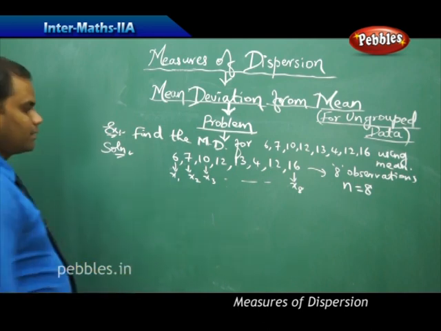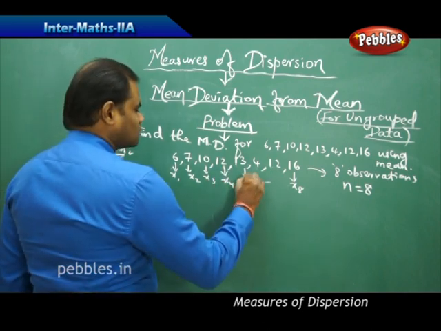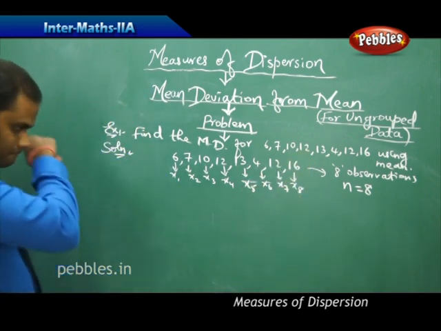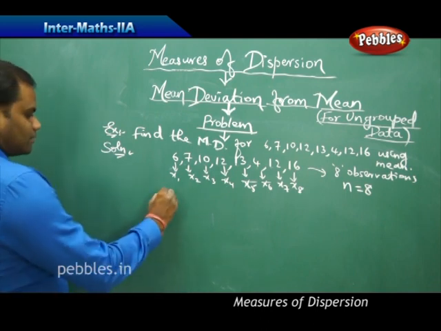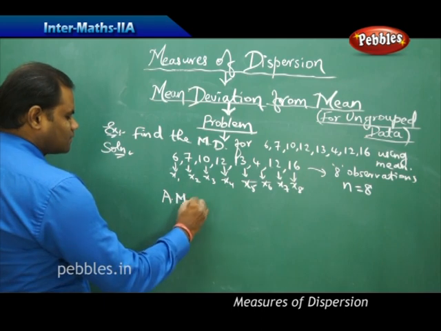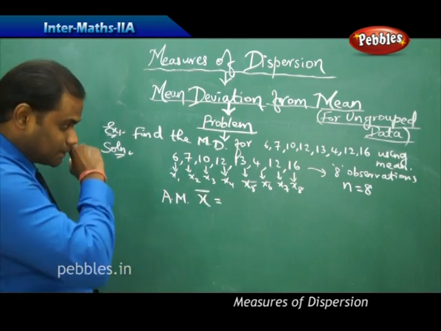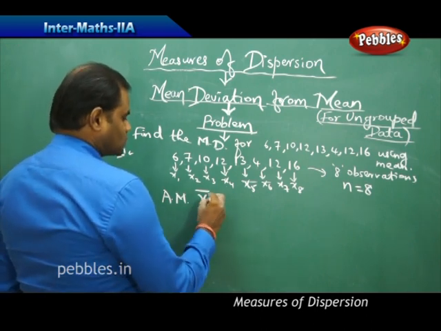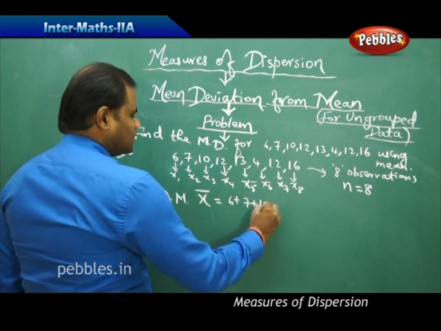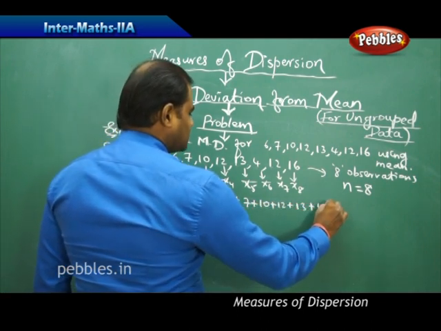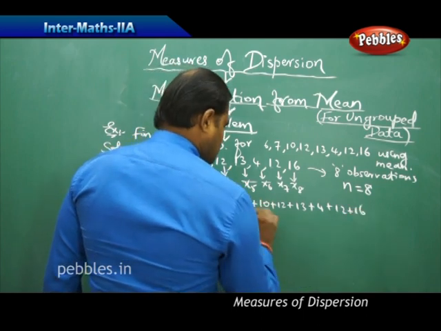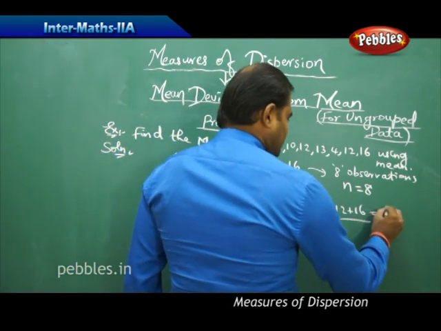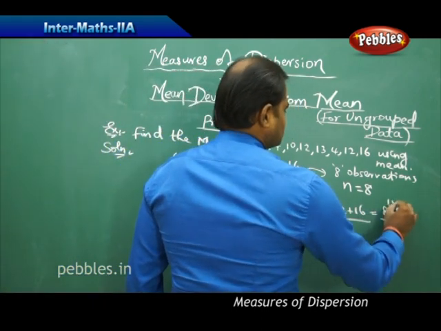Using them, in step 1 I need to find the arithmetic mean x bar, which is the sum of all the scores divided by the number of scores, that is 6 plus 7 plus 10 plus 12 plus 13 plus 4 plus 12 plus 16, by 8. When added this gives 80 by 8, which is 10.